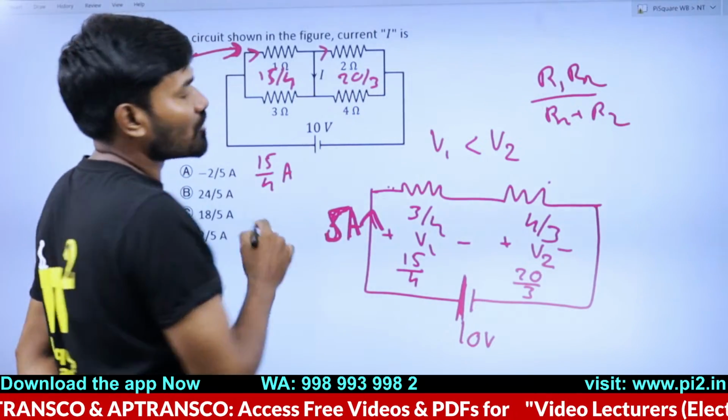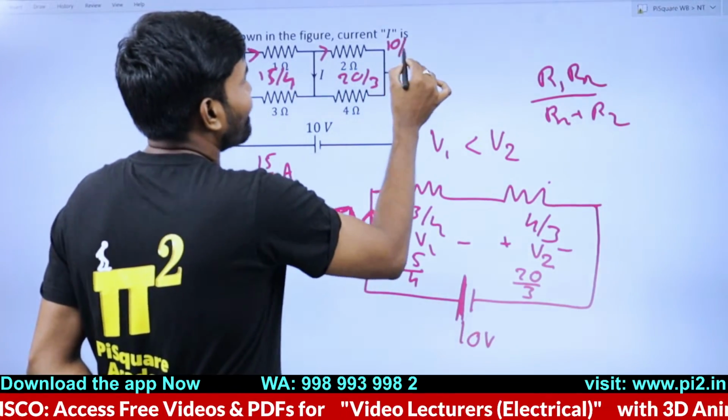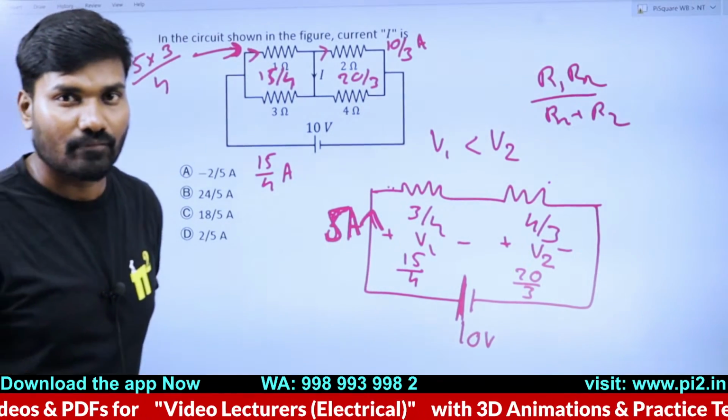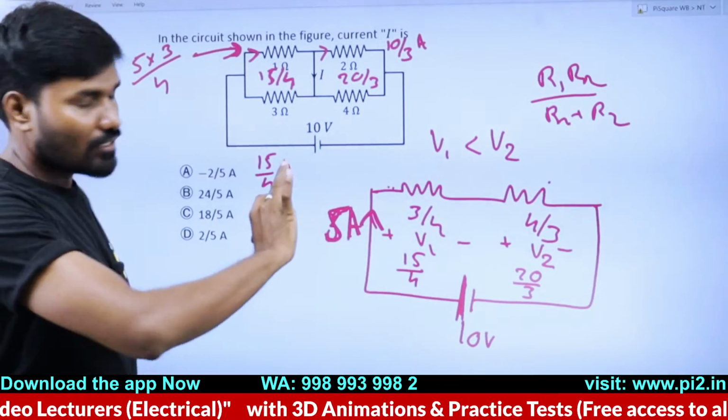This current is how much? This is 10 by 3 amperes. Am I right or not? Rough numbers, not exact numbers.